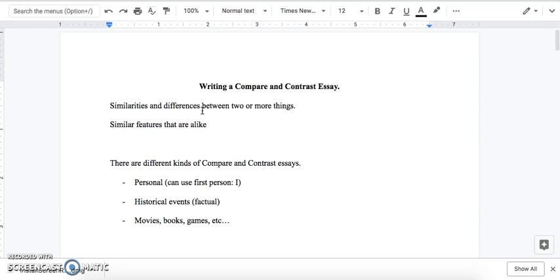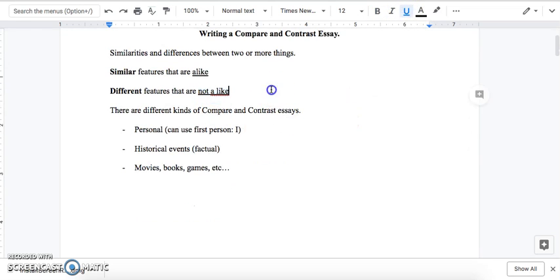When two or more things are different, it means they have features that are not alike. So let's remember that. If they're similar, then they're going to be alike. And if they're different, then they're going to be not alike.